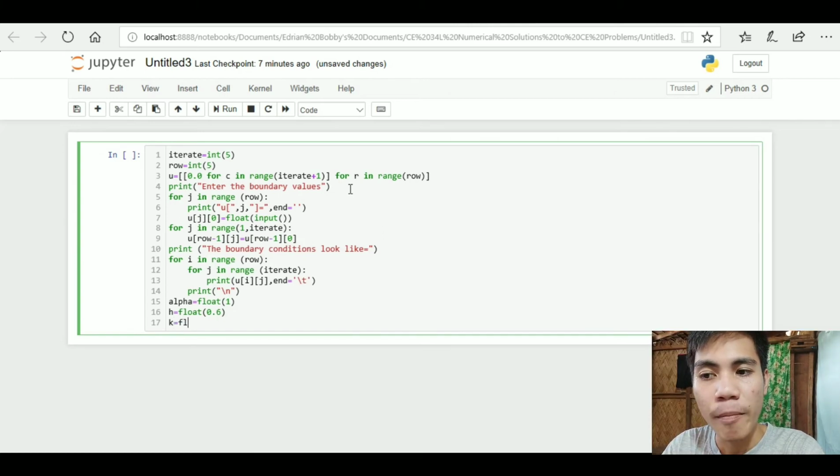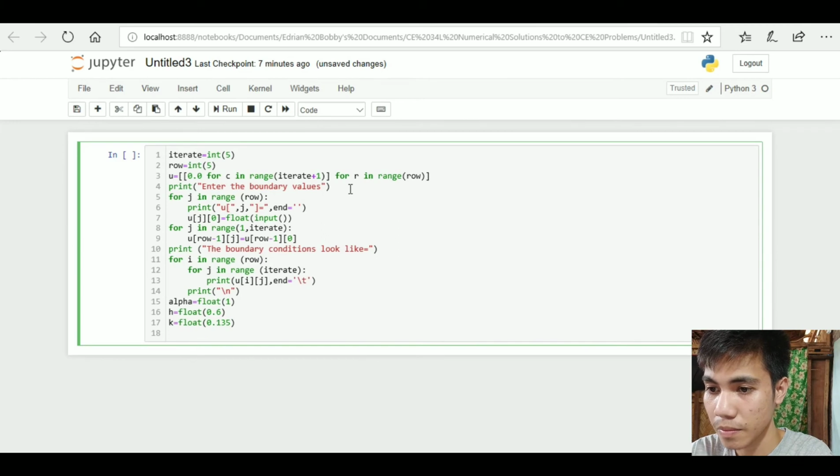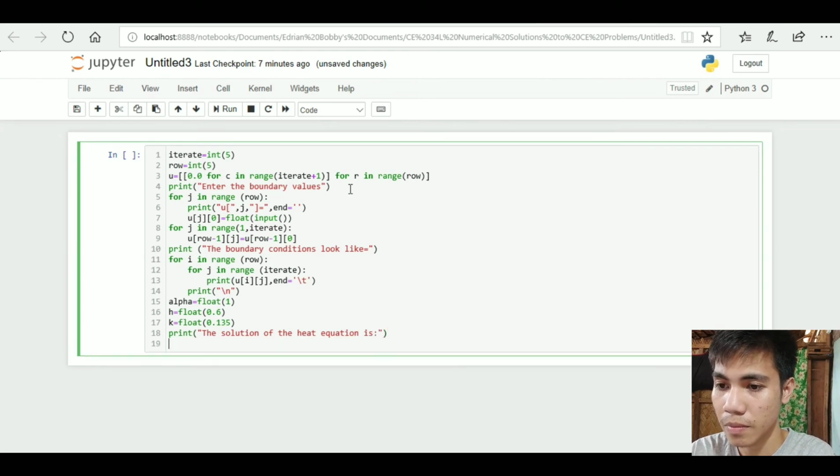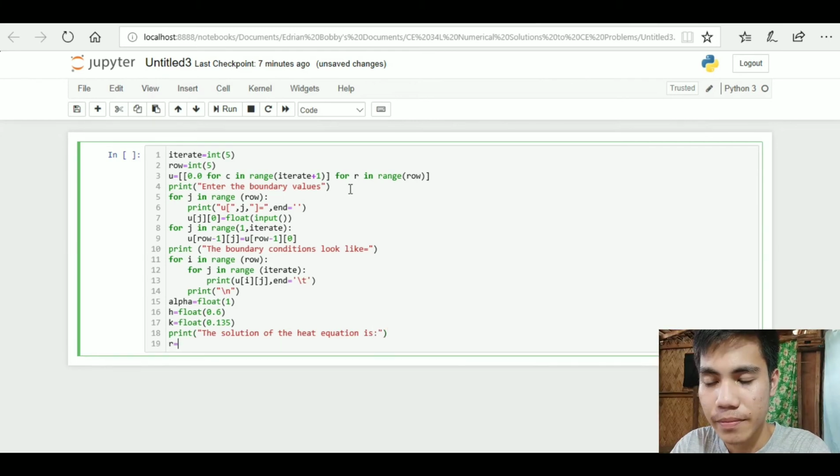K is equal to float(0.135), because the value of k is 0.135. R is equal to double(alpha raised to 2 times k, to be divided by h raised to 2).